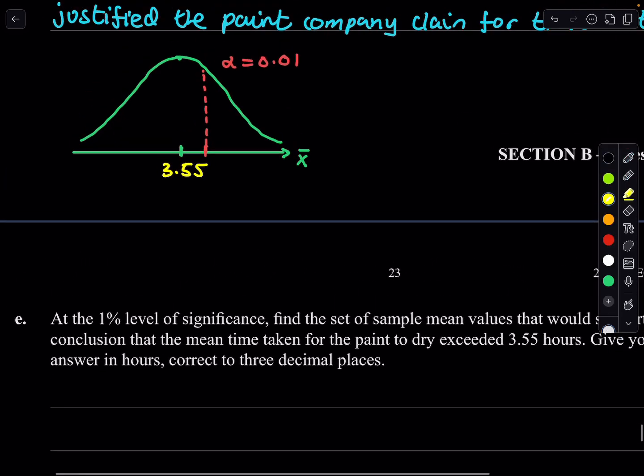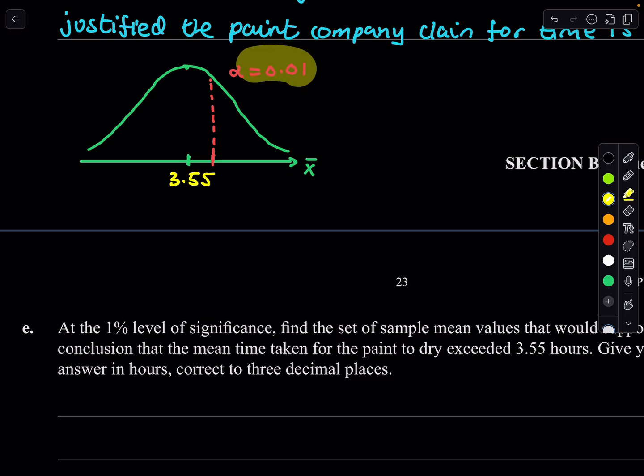You remember how our x value here, which was 3.85, had a p-value that was so small, less than 0.01. We want to find basically this x critical here. So let me move this here.